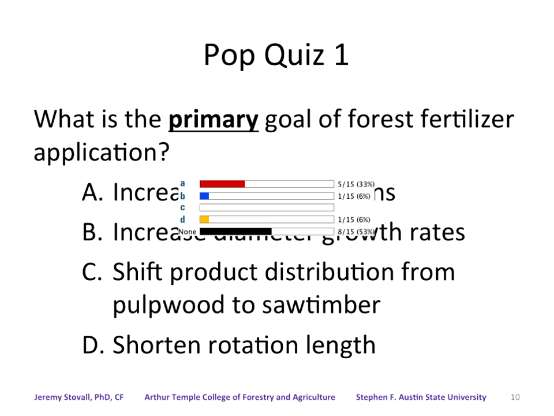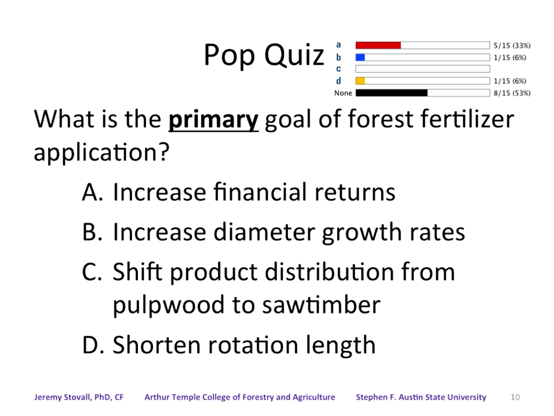All right, so Sean's put the answers up right here on the screen, and it looks like the majority are voting for A here, with some other votes for B and D. Really, there's no wrong answer here. Fertilizer application, when done correctly, should do all of these things. What I would argue is that choices B, C, and D are sort of means to an end, and your ultimate end is A, to increase financial returns.